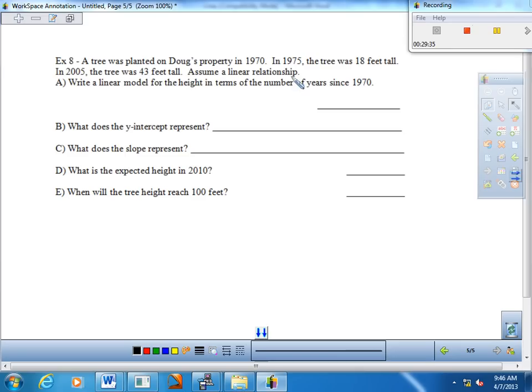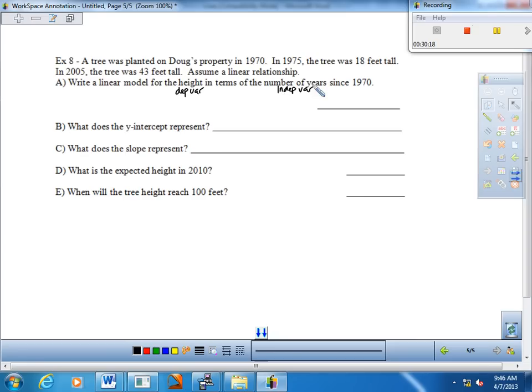Write a linear model for the height in terms of the number of years since 1970. So we're going to have our dependent variable, height, in terms of time essentially, so the number of years, and so this would be the independent variable. Height in terms of time, I kind of like that, since 1970, that's great.